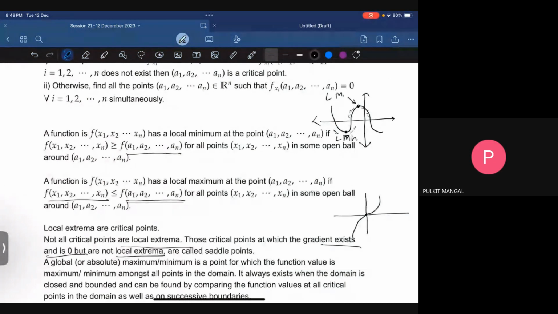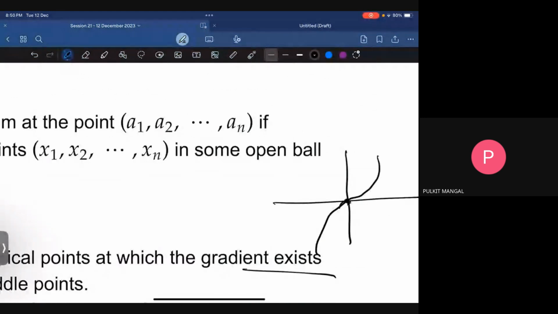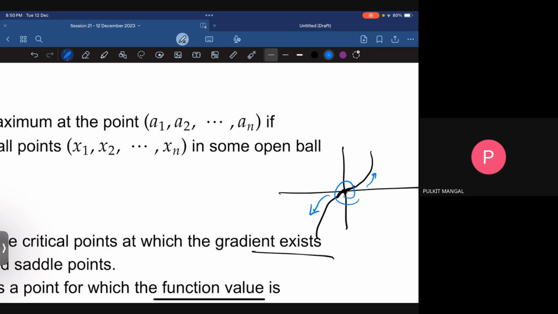In the single variable case, the point would be a minimum around the point if you go here, while around the point above it would be a maximum also. So neither is it a maximum, nor a minimum. Around this point, if you go below, it would be a minimum. If you go above, it will be a maximum.